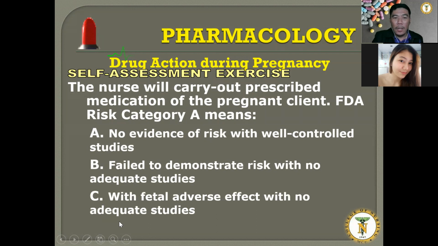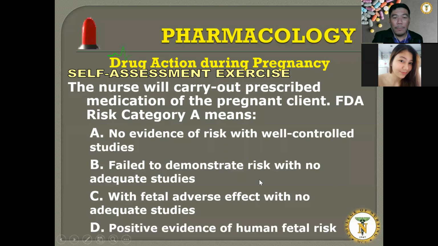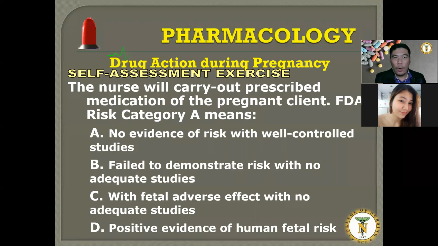Letter C, with fetal adverse effect, and have no adequate studies. And letter D, positive evidence of human fetal risk. Which of the following, A, B, C, or D, is FDA risk category A?